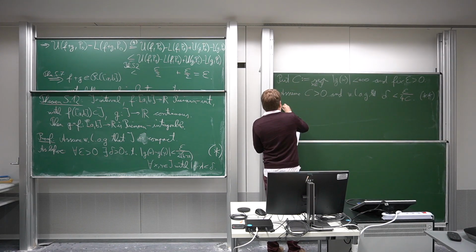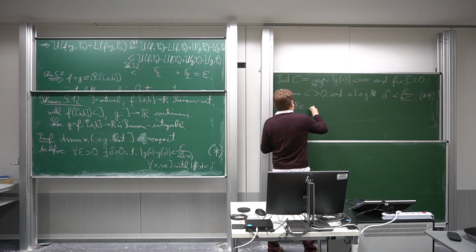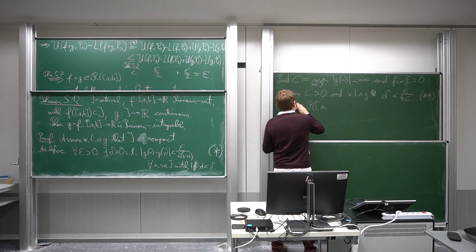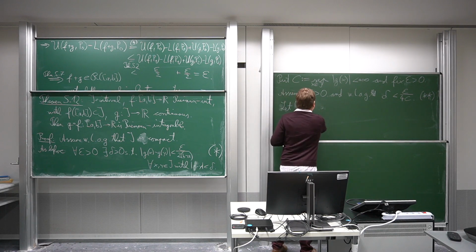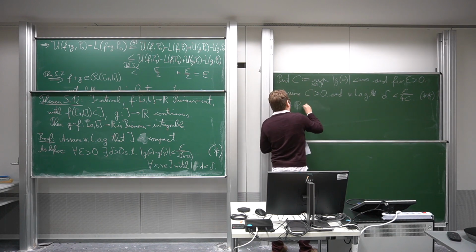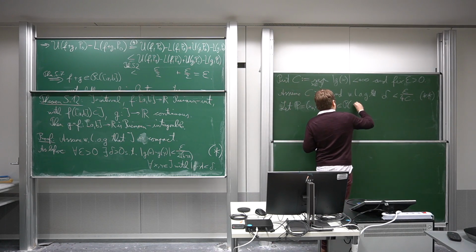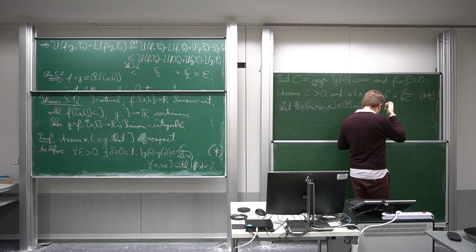Okay, now for this epsilon we take a partition P, where I want to denote the entries as we always do by x0, x1 to xn. So this is a partition of [a, b].